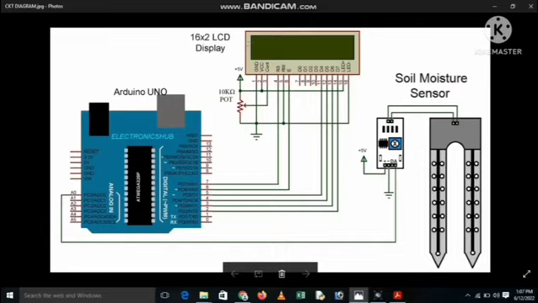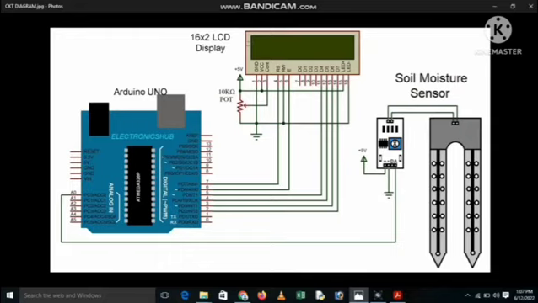The LCD display is used to show the analog values, and the potentiometer is used to vary the resistance. From that, the various moisture content of the soil can be determined, and the power supply activates the project simulation.